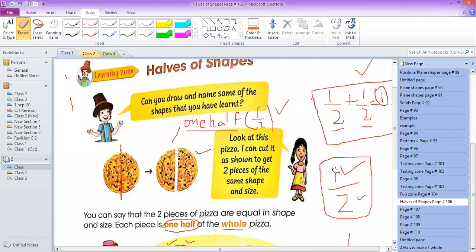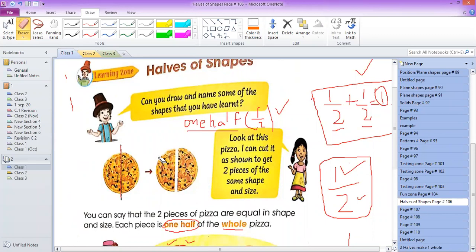How many equal parts? Two equal parts. You can divide any shape into two equal parts. If you divide any shape into two equal parts, each part will be called one half. The example was given by this pizza. If your father brought a pizza and your mother divided it into two equal parts and you eat one of them, that means you are eating half a pizza.